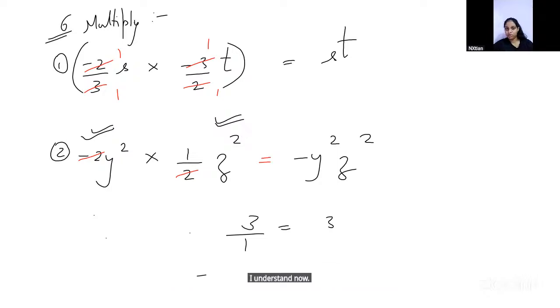Understood? Yes, ma'am. For the first one, I understood. Ma'am, for the last one, the 10th question, I never understood why my answer was wrong. Okay. Which one, Abraham? 10th Q, 10E. Okay. One minute.